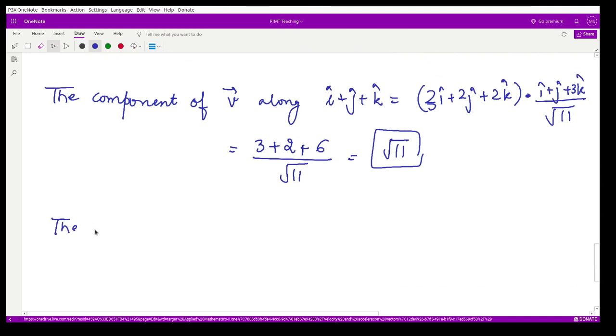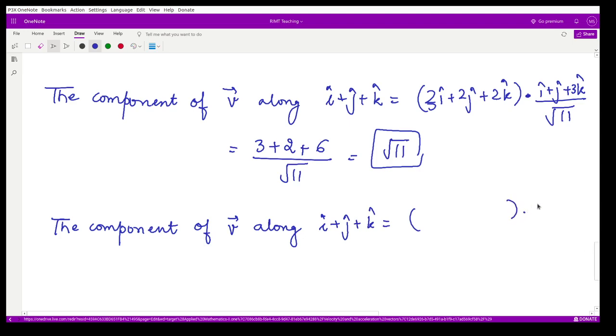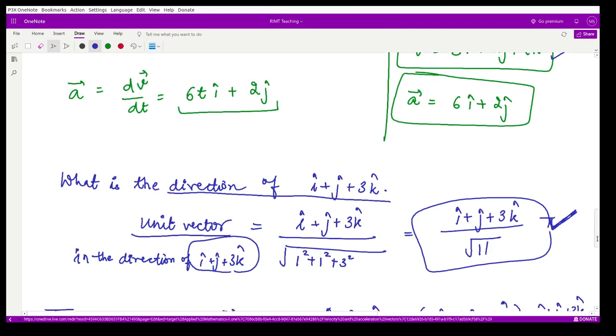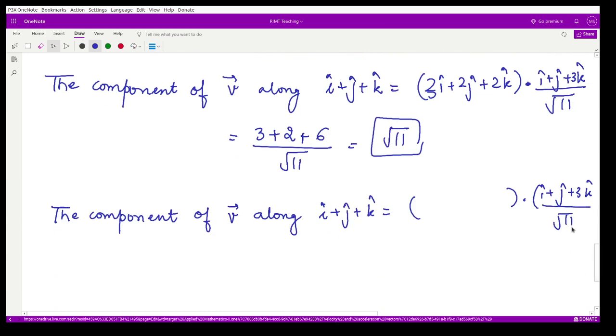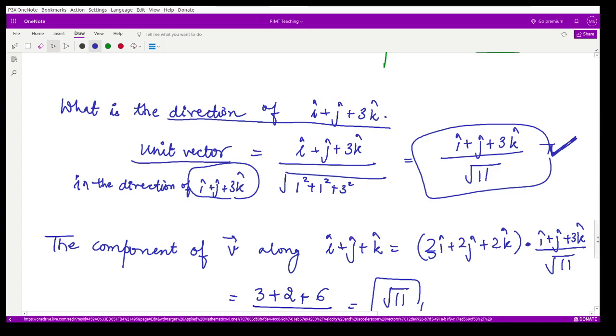Next, we will compute the component of acceleration along the vector I cap plus j cap plus 3k cap. This would be equal to the acceleration vector dotted with this particular direction, I cap plus j cap plus 3k cap divided by square root of 11. So let us see what our acceleration vector is.